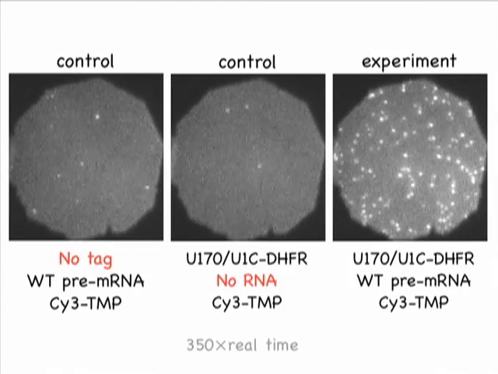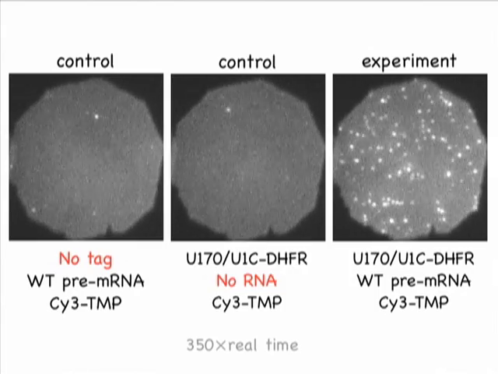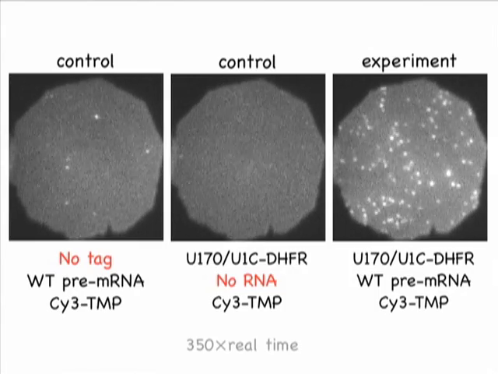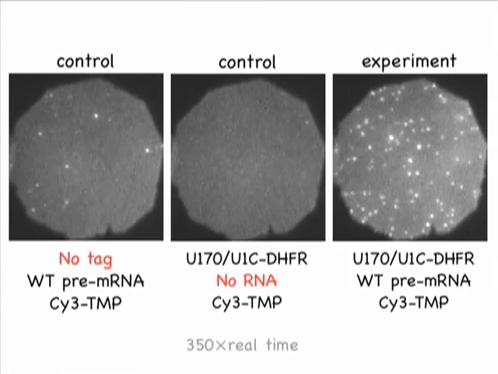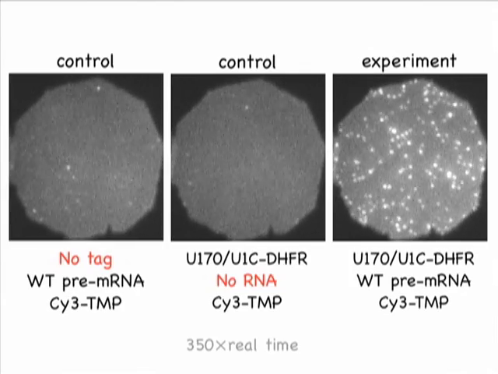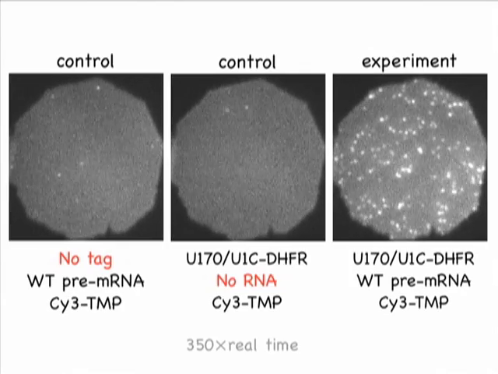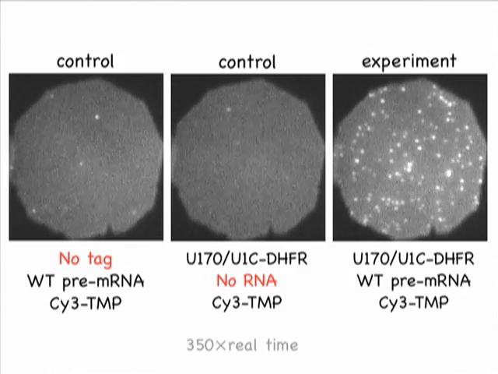In the middle panel, we now have the tagged U1 and the Cy3 TMP, but we don't have any pre-mRNA on the slide. So again, we only see background binding. And then in the rightmost panel, which is the one with all the blinking lights, we have all three components.